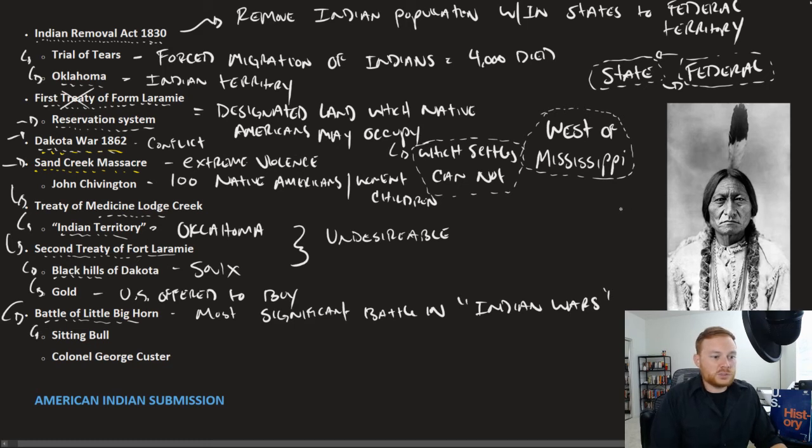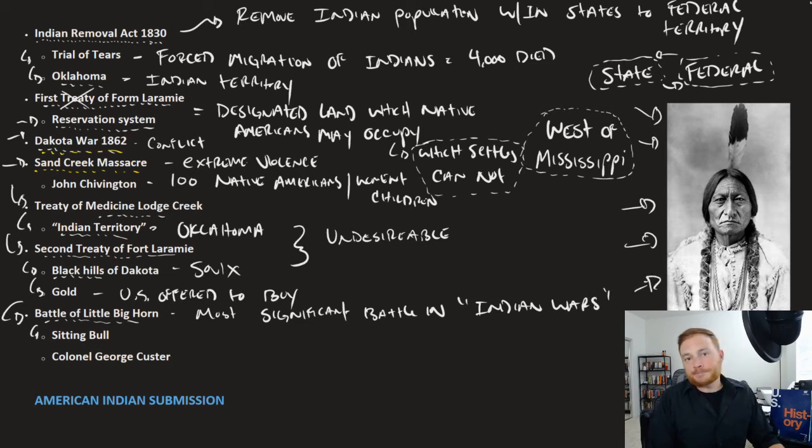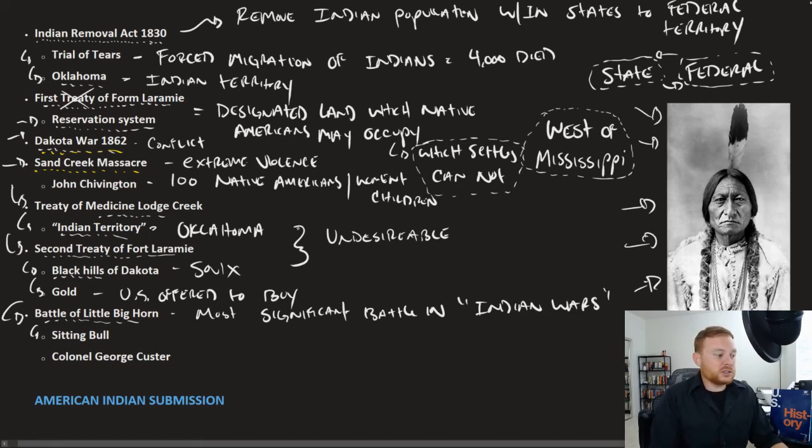Sitting Bull, who you see pictured right here, was able to really get a confederation of different tribes, including Lakota, Sioux, other Plains Indians, and resist this forcible relocation out of the Black Hills, in which they refused to sell their land.